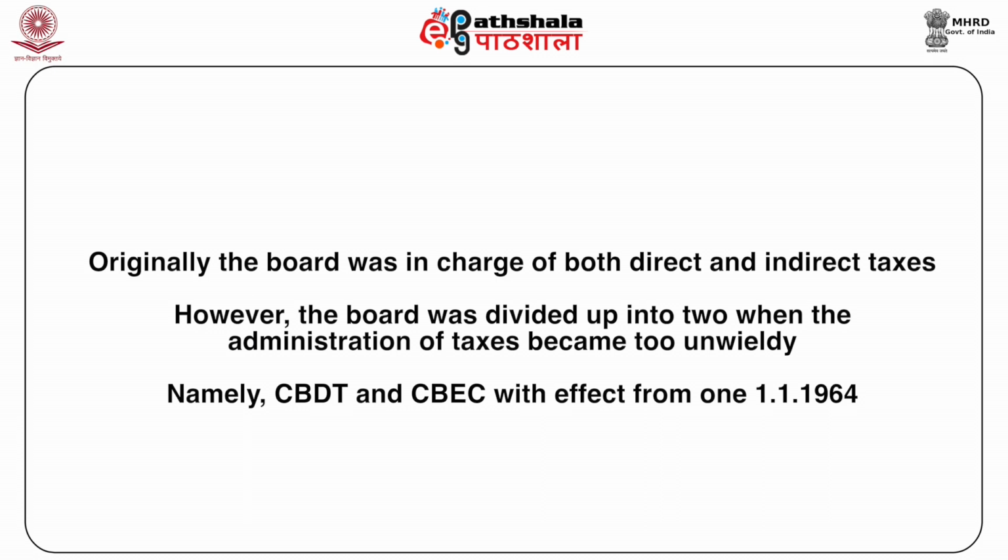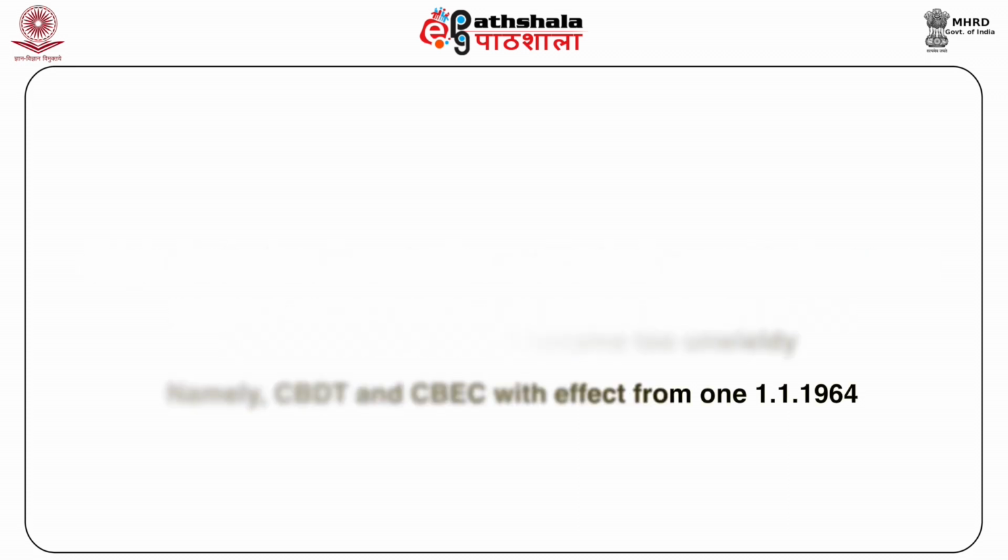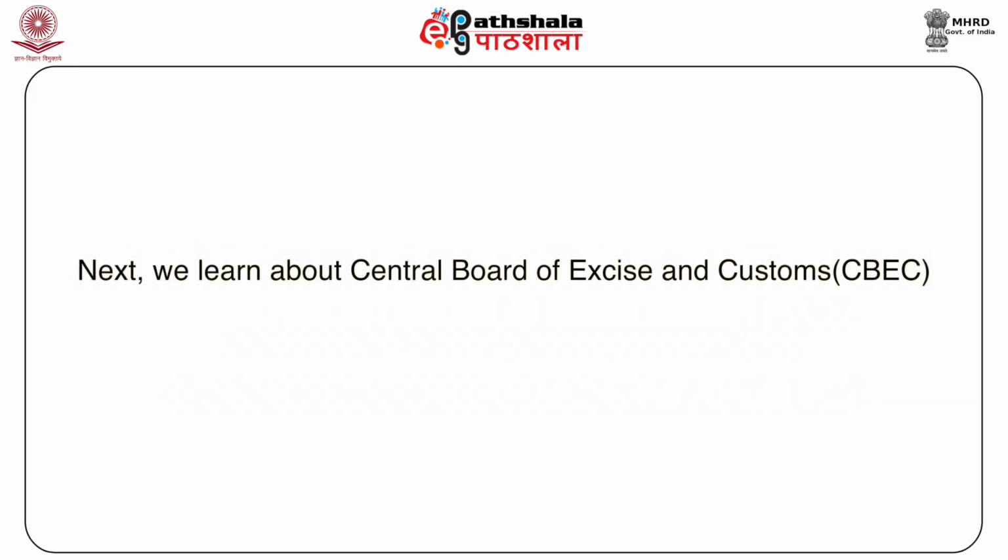However, the board was divided into two when the administration of taxes became too unwieldy, namely CBDT and CBEC, with effect from 1/1/1964. This division was carried out by constitution of the two boards under section 3 of the Central Board of Revenue Act 1963.